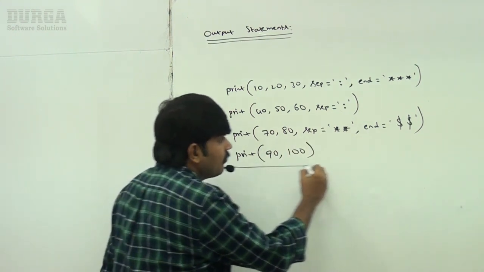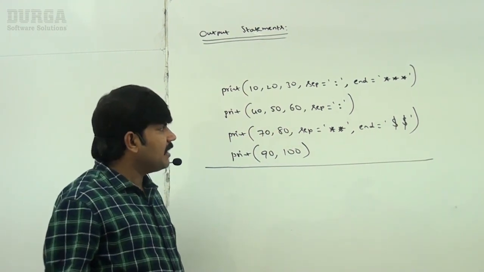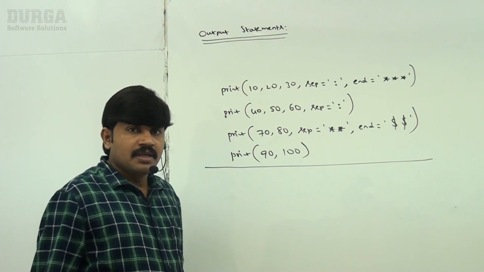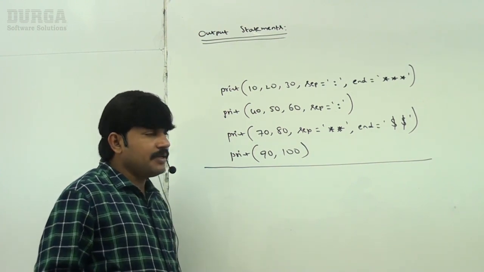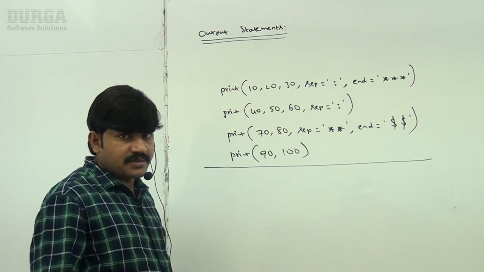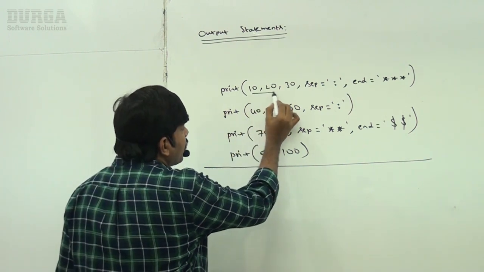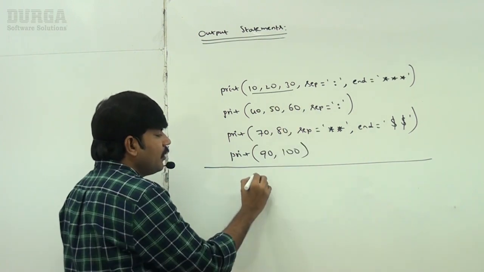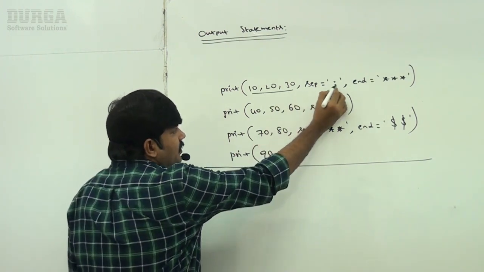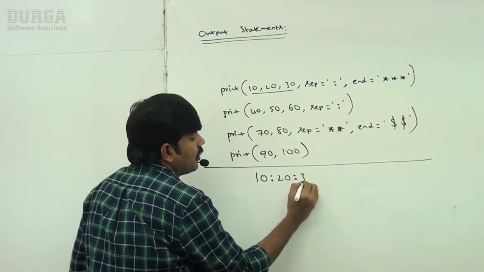Can you please confirm what is the output you are going to get? If you can guess, then obviously you are very perfect with the SCP attribute and the end attribute, sir. Let me trace this one. How many arguments are there? 3 arguments are there, and the SCP attribute is there. So 10, what is the separator? Colon, 20, colon, 30.